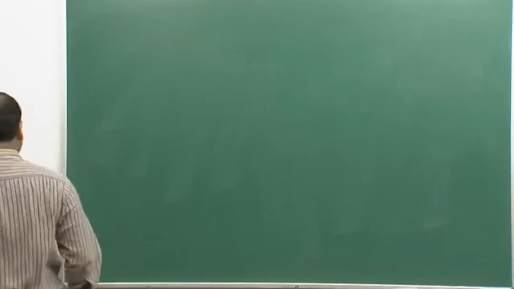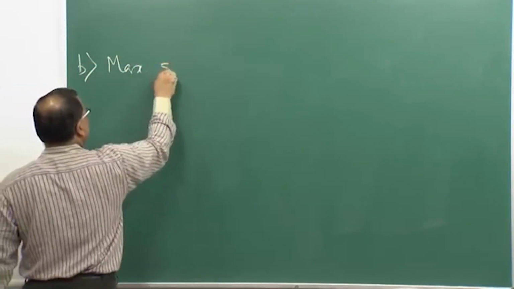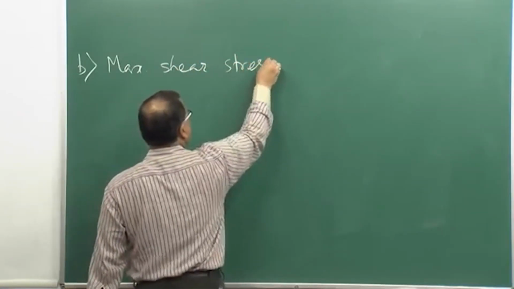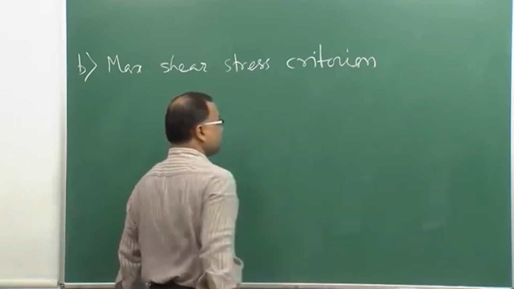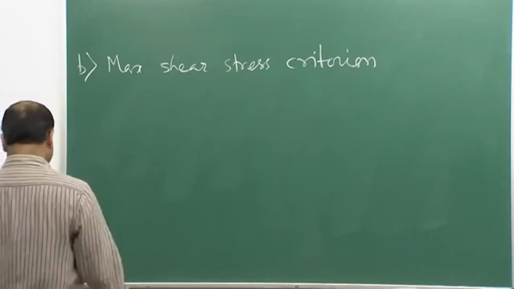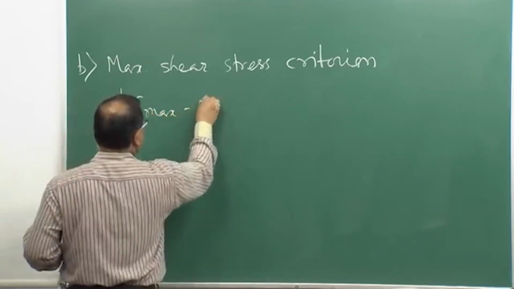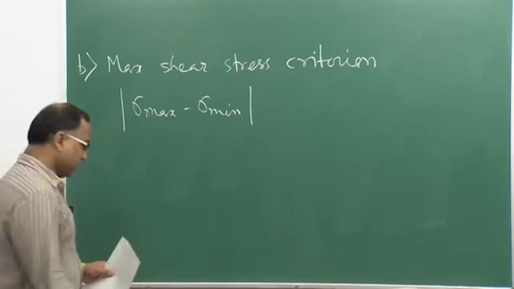Now, as per the maximum shear stress criterion, let us see what happens. Sigma max minus sigma min will give you the maximum shear stress.